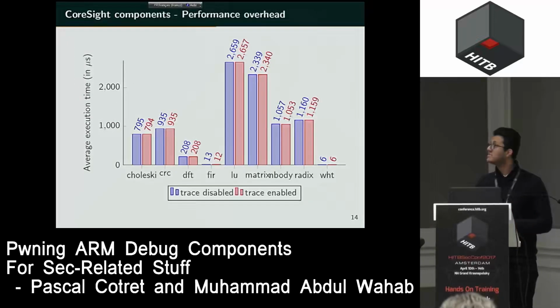Another advantage of these CoreSight components is that the performance overhead is negligible, because of two reasons. First of all, the configuration of CoreSight components that we used, because we are using the TPIU component that sends it towards the FPGA. If we use the on-chip buffer, we can have an overhead.